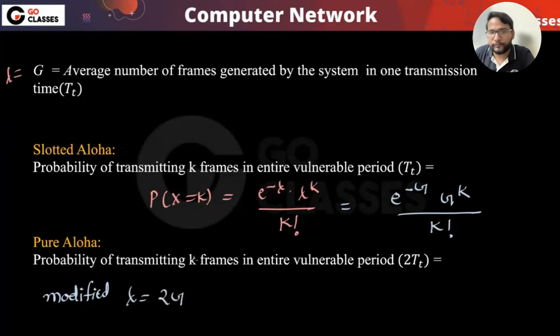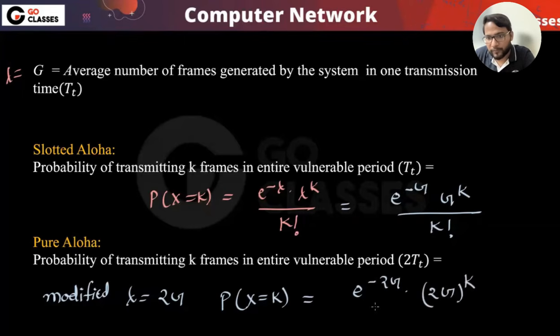It will be 2G, right? Which means in TT time on average there are G transmissions, so in 2TT time there will be 2G transmissions. So that's why in pure Aloha, instead of G, we use 2G. So it is e power minus 2G into 2G power k upon k factorial.